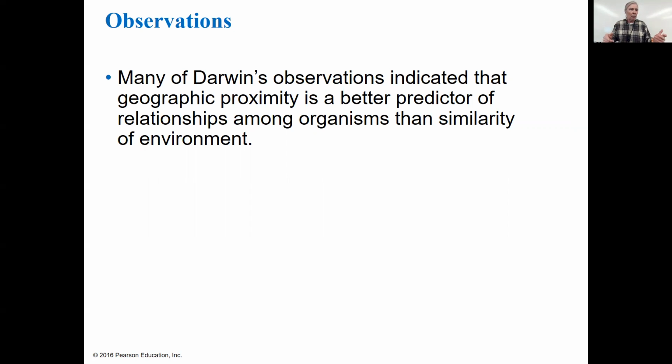And Darwin's thinking, well, why? Why would there be such different organisms living in such similar environments? So geographic proximity is a better predictor of relationships than similarity in environment. You can have very, very similar environments and have very different organisms living in them.